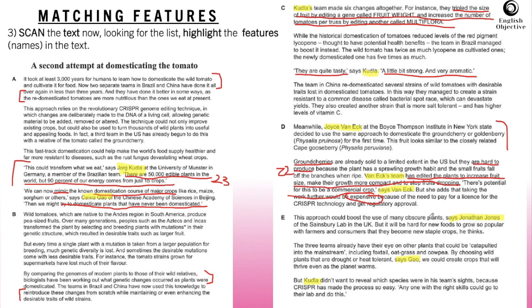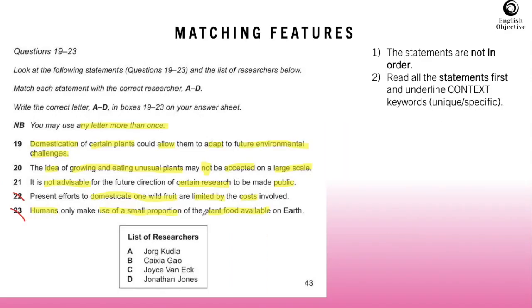Let's continue reading a little bit more for the next name on the list. This approach could use many obscure plants. Says in the UK, it will be hard for new foods to grow so popular with farmers and consumers. So I think that question 20 is related about unusual plants.